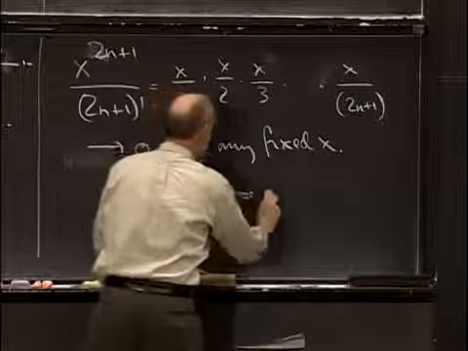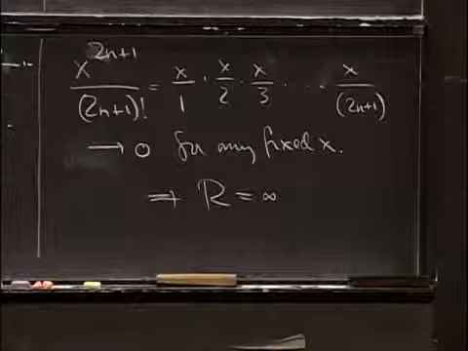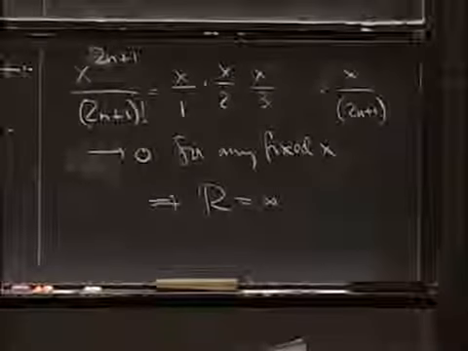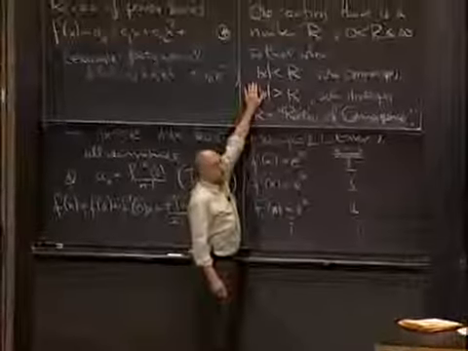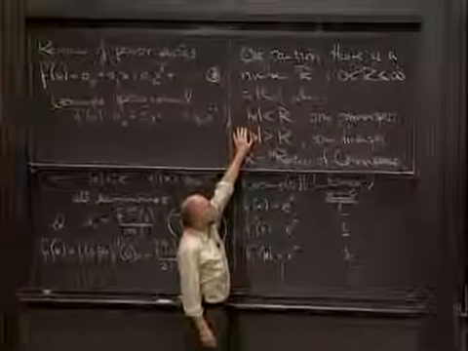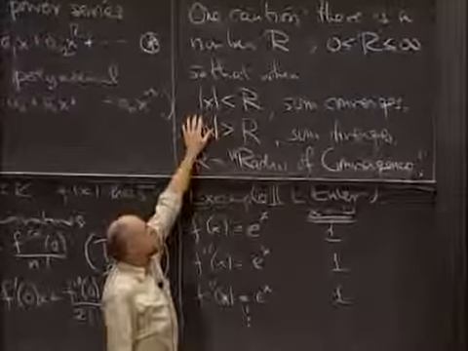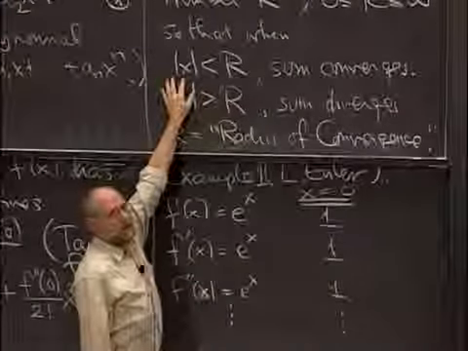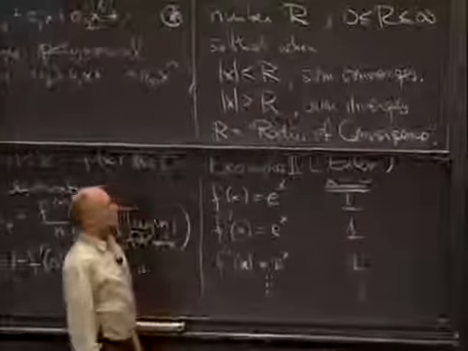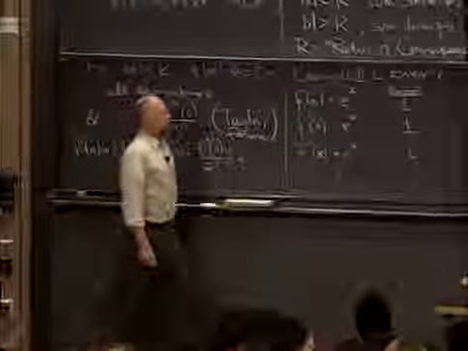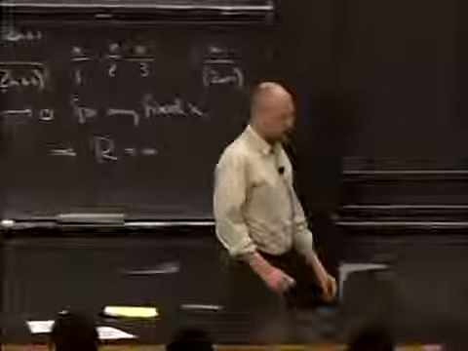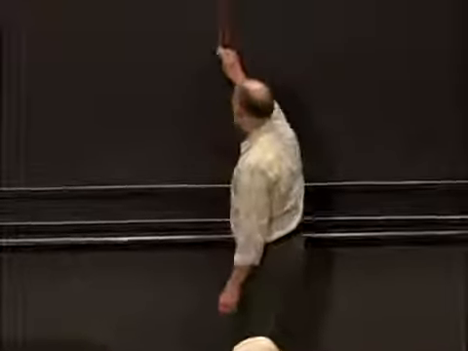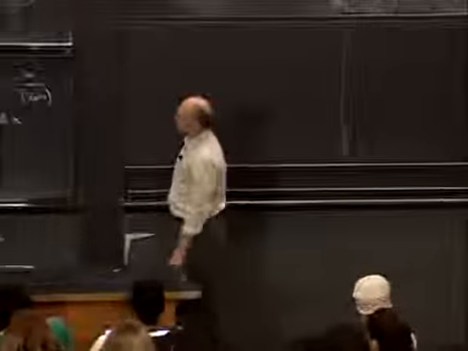That's what tells you that the radius of convergence is infinity, because if R is equal to infinity, this is no condition on x. Every number is less than infinity in absolute value. So if this convergence to 0 of the general term works for every x, then the radius of convergence is infinity. Well, that was kind of fast, but I think that you heard something about that earlier as well.